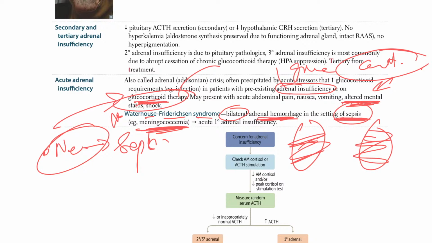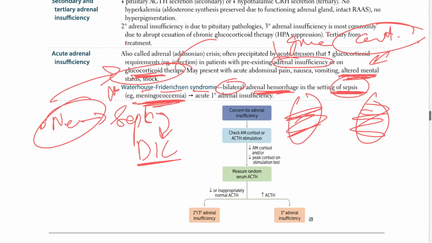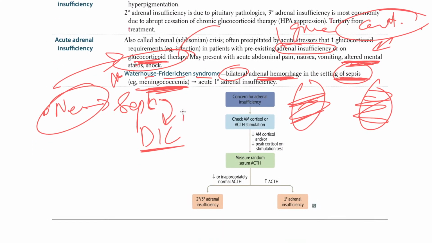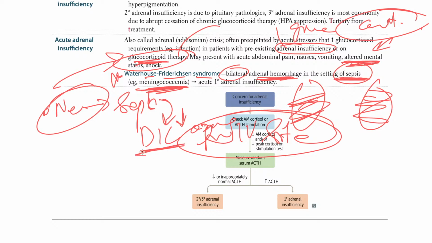That septicemia is going to cause DIC, disseminated intravascular coagulation, right? The hallmark of DIC is low platelets, petechial hemorrhages, and oozing, very high yield, oozing from IV sites. Okay, DIC.